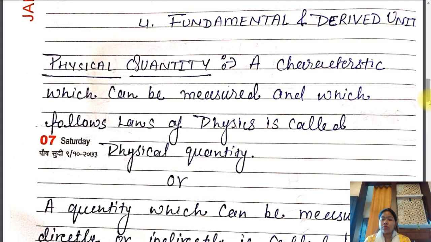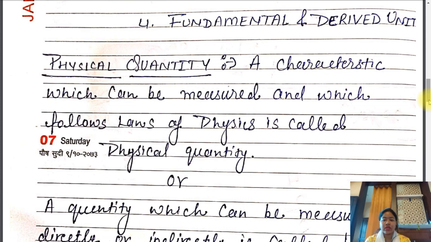If we want to measure the length of some specific strip or thing, what will we do? We will take a meter scale and directly calculate the length of that strip. But whenever an object is very far away from us, how will we calculate the distance or other quantities related to that object?